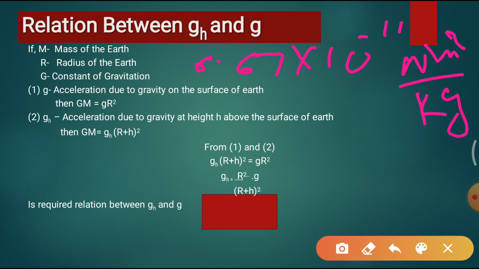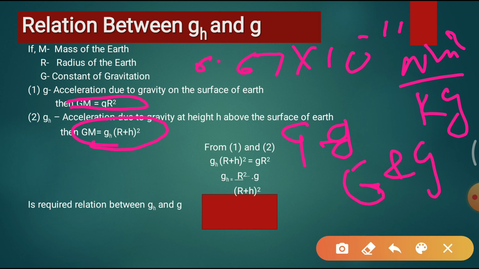In the first case we have learned that G M is equal to g R square, the relation between capital G and small g. And the other relation we have seen is that G M is equal to g h into R plus h whole square, the relation between capital G and g h.